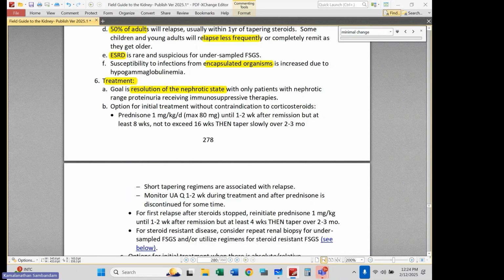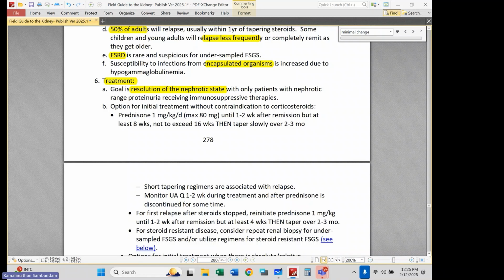Obviously, this is an arbitrary cutoff, and you have to make a decision based on the risk and benefits of your patient. But the general practice principle is if you're subnephrotic, you call that a win, okay? And you don't pull out the hammers that we generally hammer our patients with in order to treat these with medications with side effects.